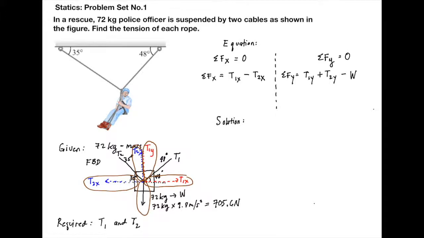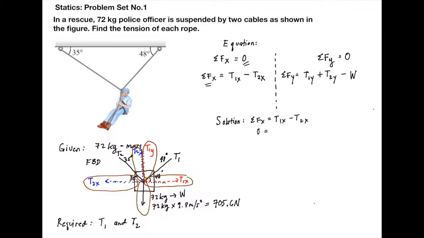So we have summation of fx. Let's have it here first. That summation of fx is equal to T1x minus the T2x. So what is the summation of x? The summation of x, we assume that is 0, equals the value of the T1x.